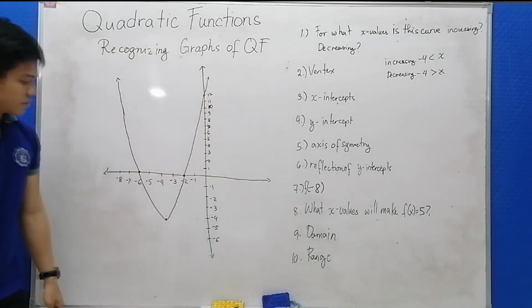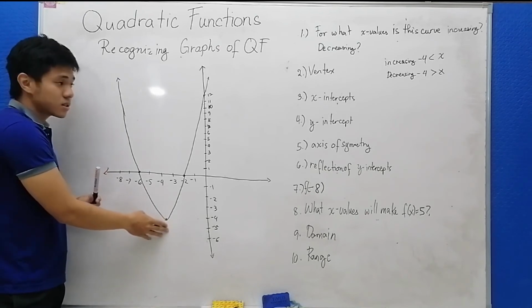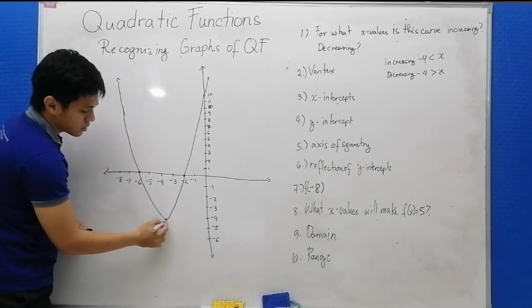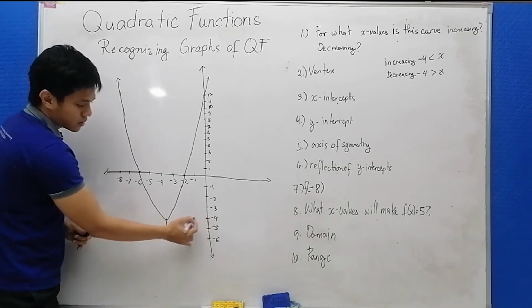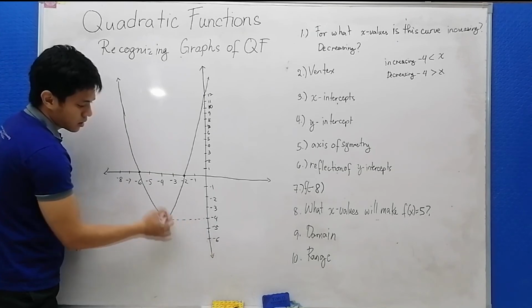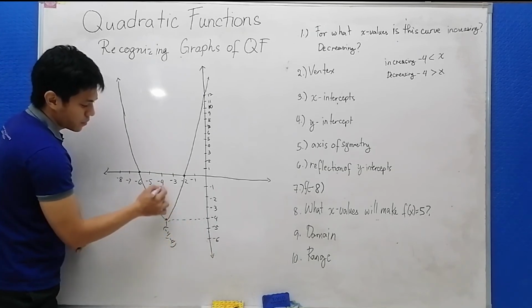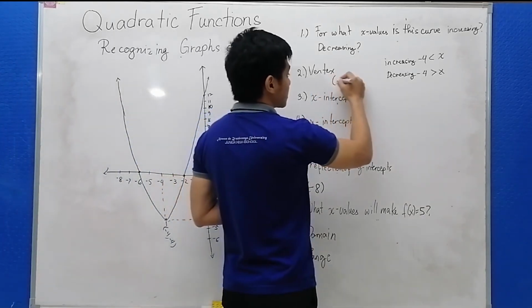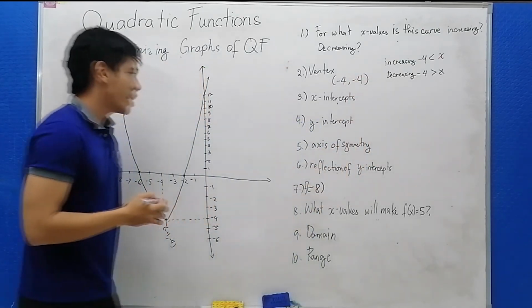Now looking at the shape again for the parabola, we're going to be looking at its corner point. The point where it changes values is at -4. So our value for this vertex is -4. Coordinating it, our coordinates are (-4, -4). That is our vertex. How about our x-intercepts?